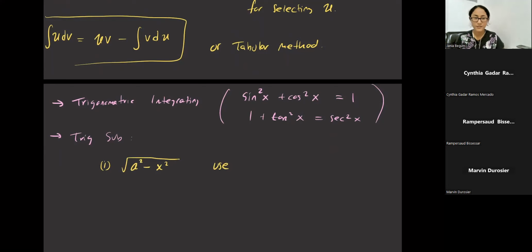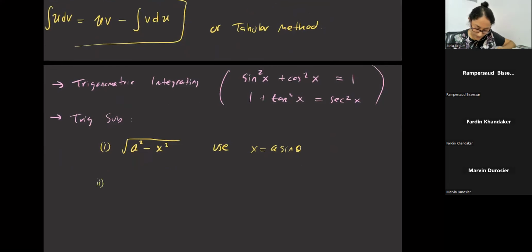Do you guys remember what substitution we had to use? That would be a sine theta. So you use x equals a sine theta, and then you draw the triangle and you carry on, right?